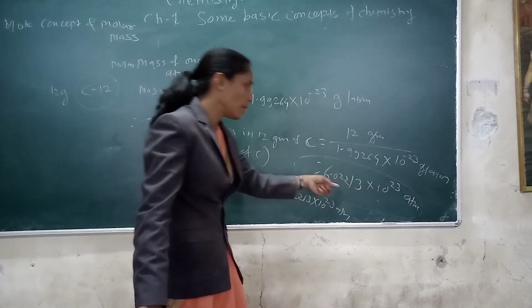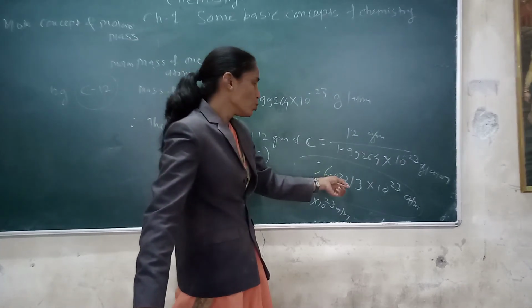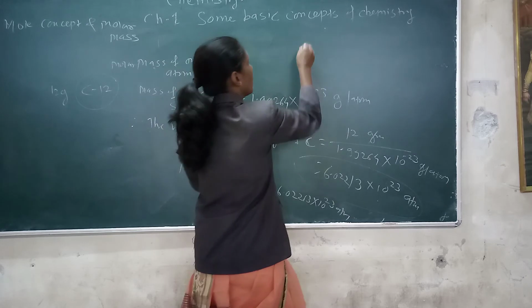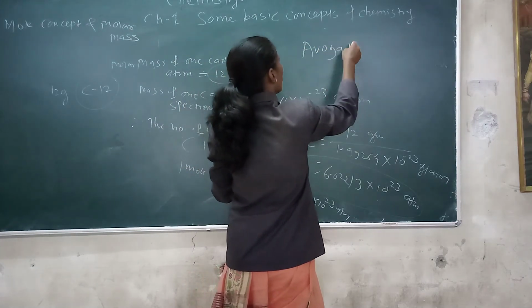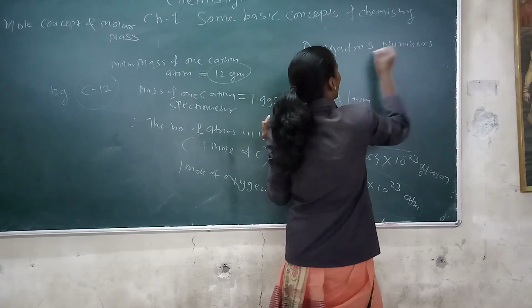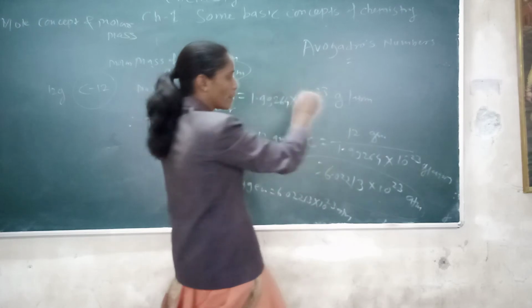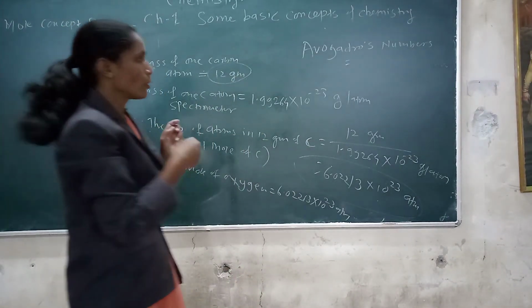This number is called Avogadro's number, and remember its value. Avogadro's number is important to solve numericals on the basis of moles and molecules.